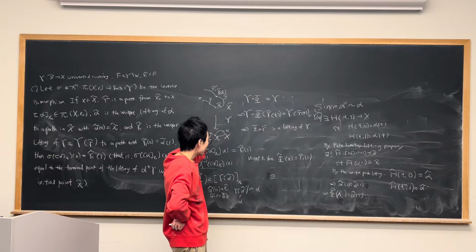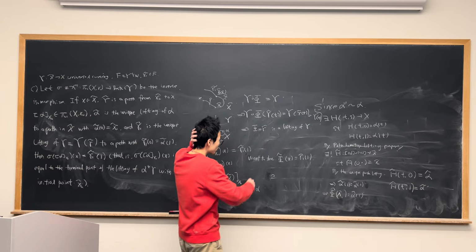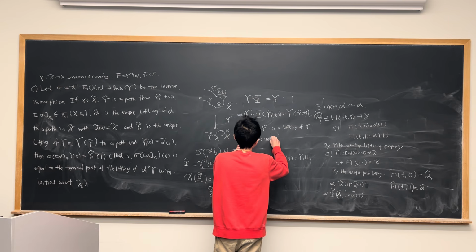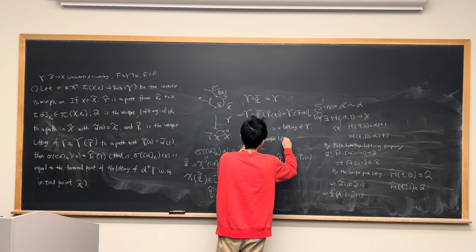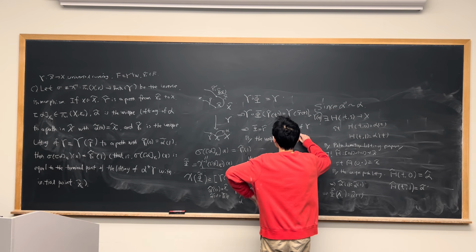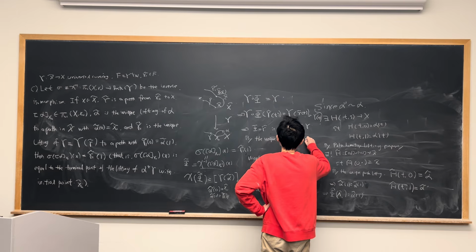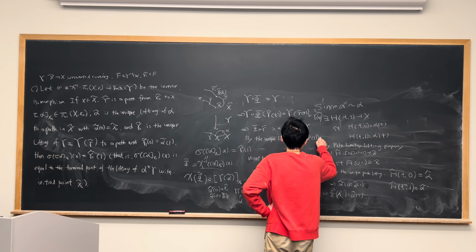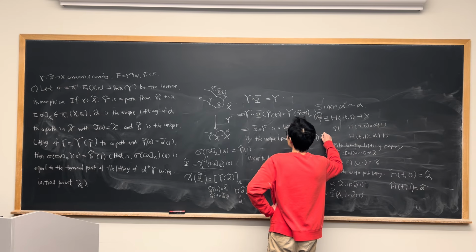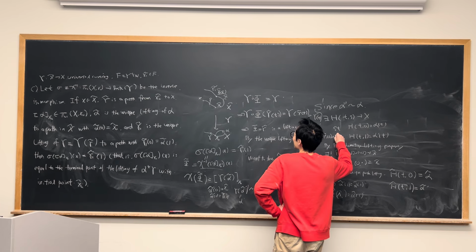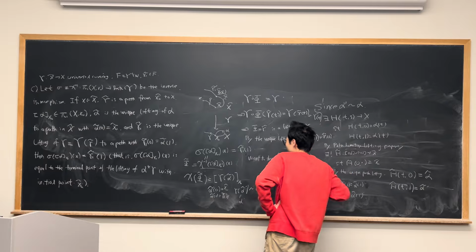So by the unique lifting, this phi at the end point should be equal to the gamma tilde 1 at the end point, which is equal to the end point.